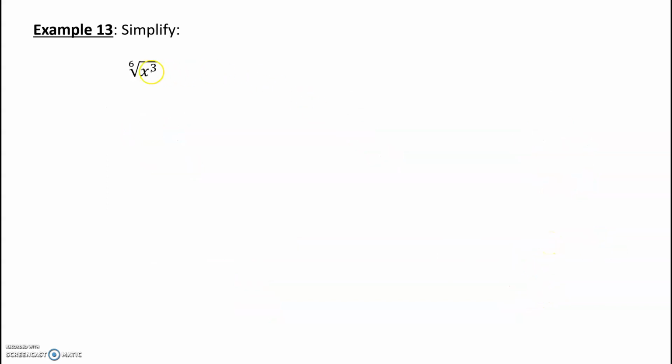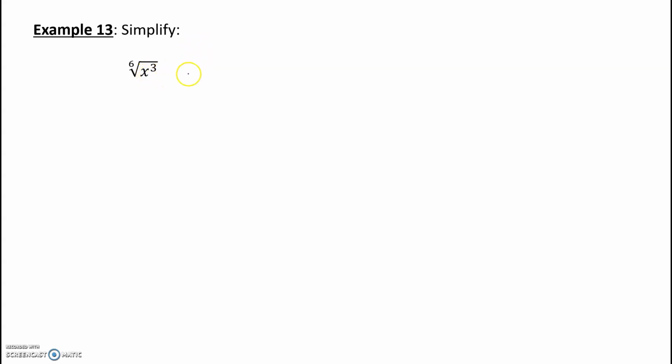And last but not least, you can also put them into rational form, exponent form to simplify. So here, there's nothing I can simplify right now because I need a group of 6. I only have 3 of them in here. So you can't simplify anything.